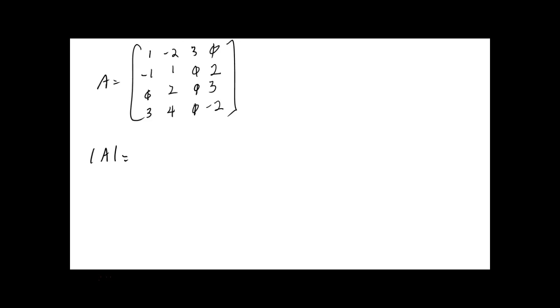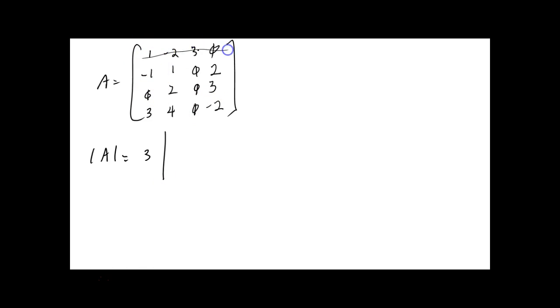The thing to remember is determine the sign of the entry first. So we're going to use the 1, 3 entry here, that 3 right there. If you look at the sign pattern, plus, minus, plus, that's going to be a positive. So positive 3 times the determinant of the remaining matrix.